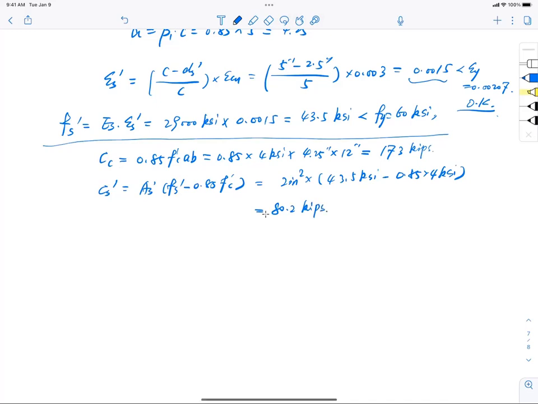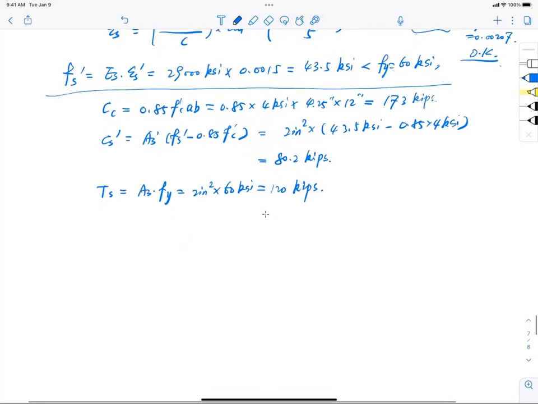So from the compression, I got around 80 plus 173, 253 kips. So the tension force Ts equal to As fy, and this equal to 2 inch squared multiplied by 60 ksi. I have a total tension force of 120 kips.